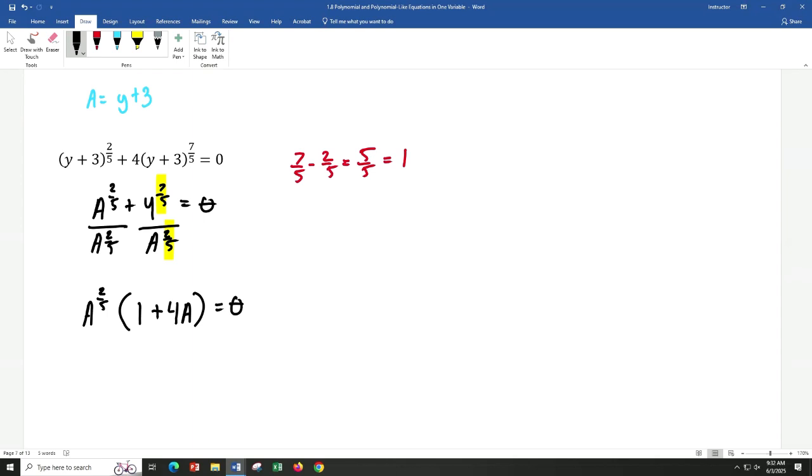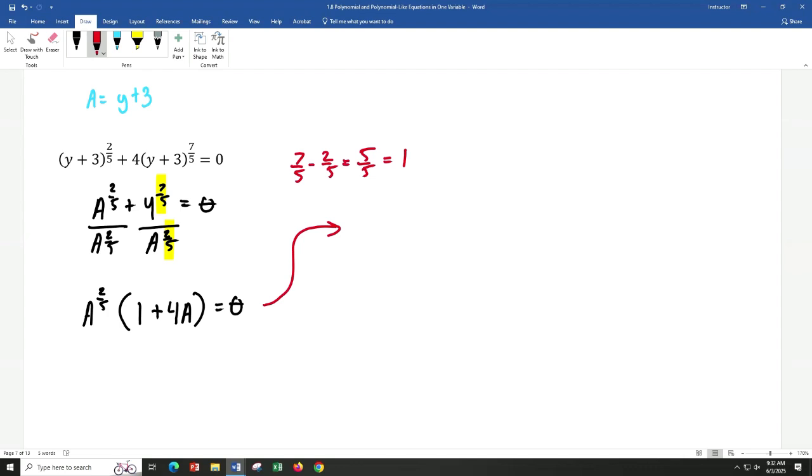So let's take a look here, coming in very carefully. We get 4A. We're going to end up with one of these: we're going to have y plus 3. We're going to have to plug everything back in.